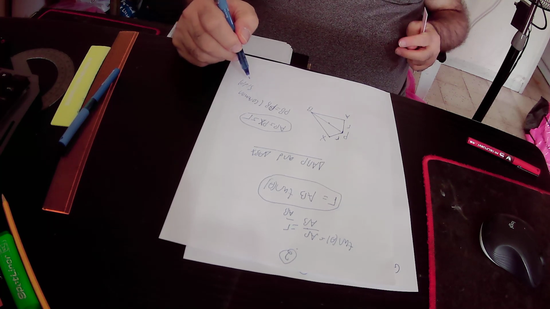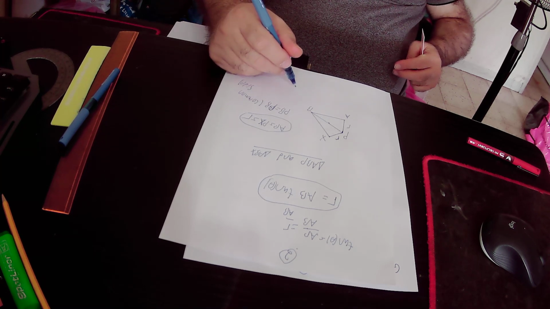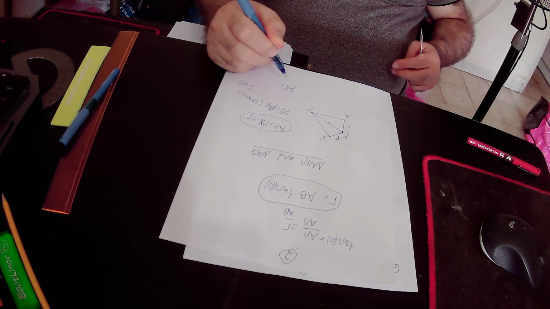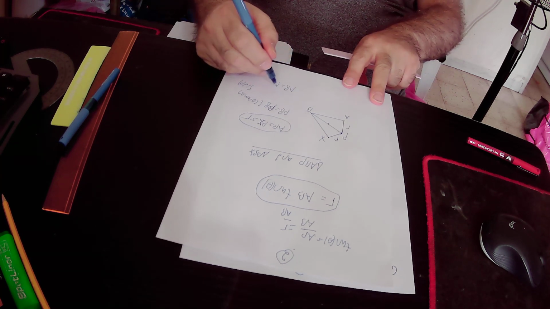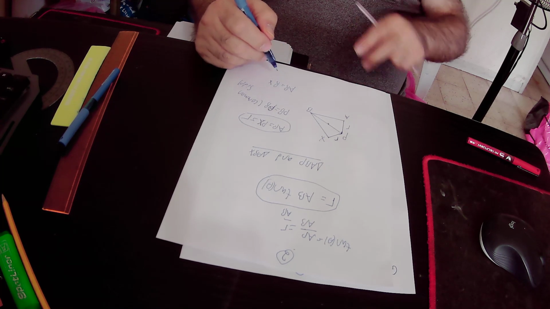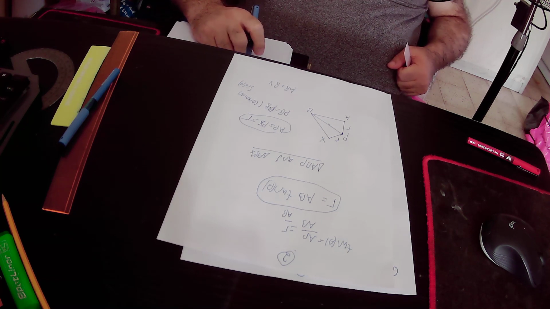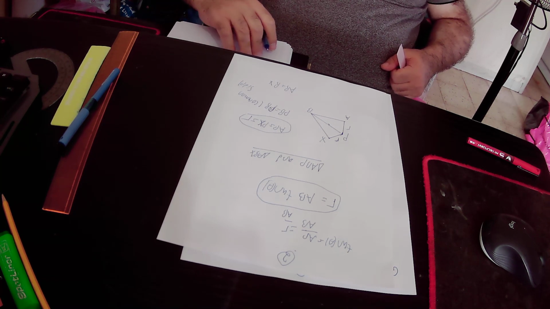And also AB of triangle ABP equals BX of triangle PBX, and those two sides are equal to each other according to the two tangents theorem.